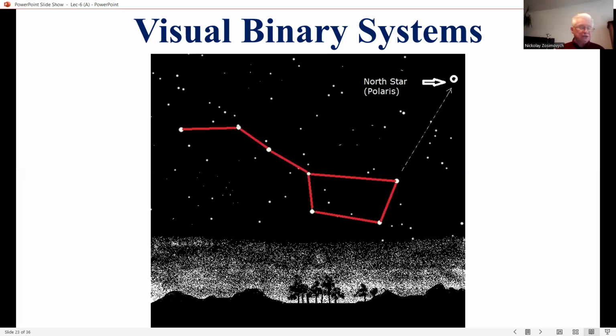Few visual binaries, however, can be analyzed completely. Many are so far apart that their periods are much too long for practical mapping of their orbits. Others are so close together that they are hardly visible as separate stars, and it is difficult to map the shape of their orbits.